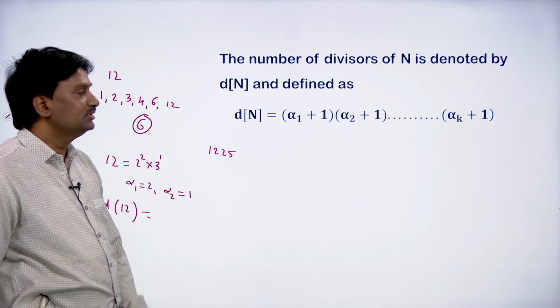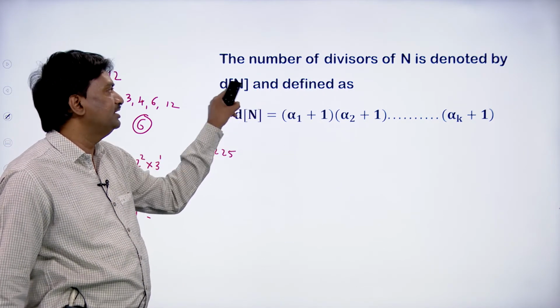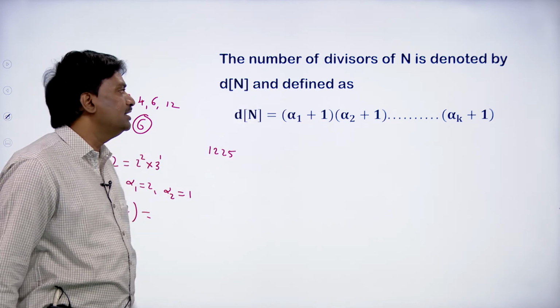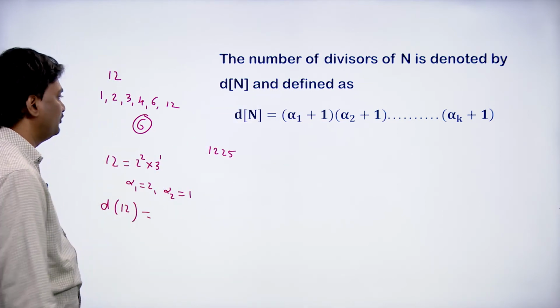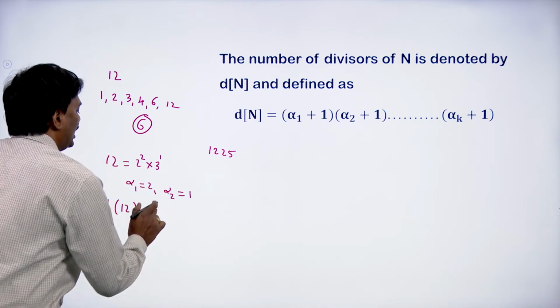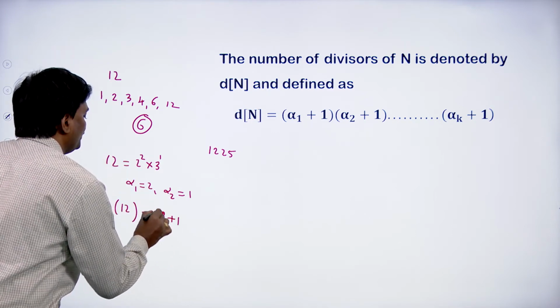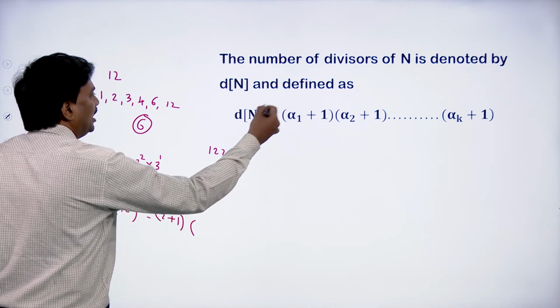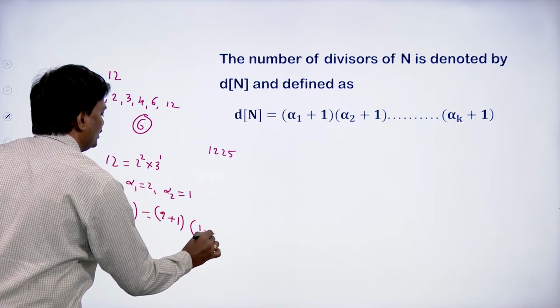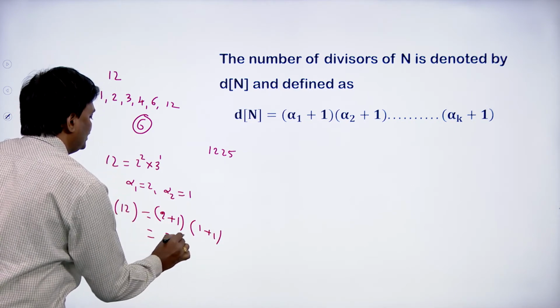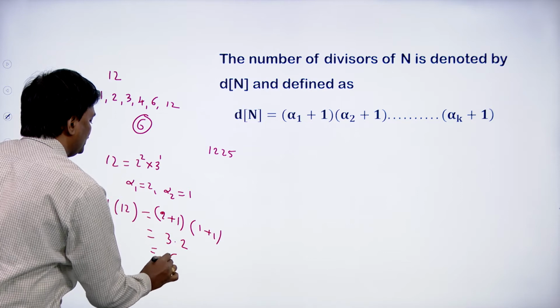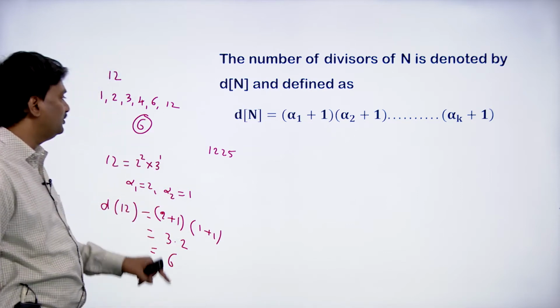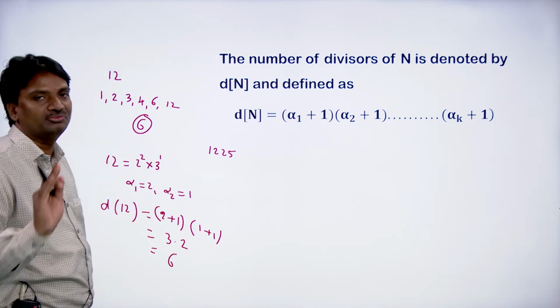According to this formula, alpha 1 plus 1 is 2 plus 1, into alpha 2 plus 1, alpha 2 means 1 plus 1. So 2 plus 1 is 3, 1 plus 1 is 2, so 3 into 2 is 6. Those 6 divisors are 1, 2, 3, 4, 6, 12, simple.